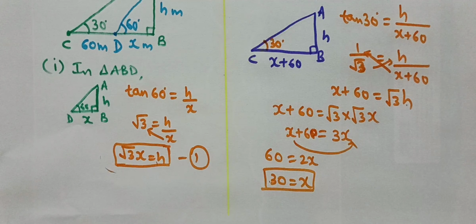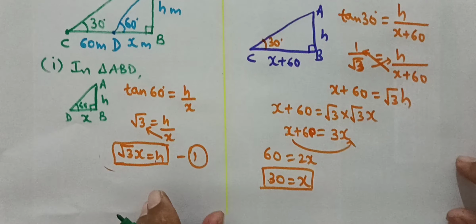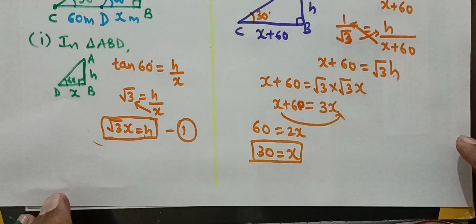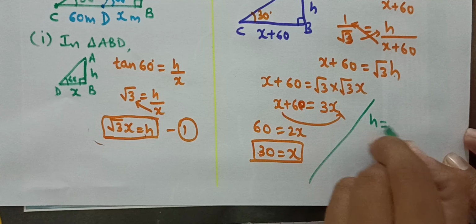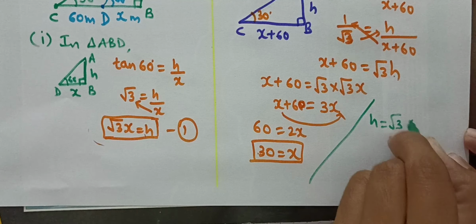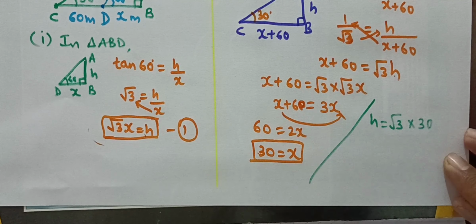So x is the distance between point D and B, but finally we have to find h. Then what we have to do? Simply we have to put the value of x in that first relation. It means this one. h equal to root 3x, means root 3 into 30.